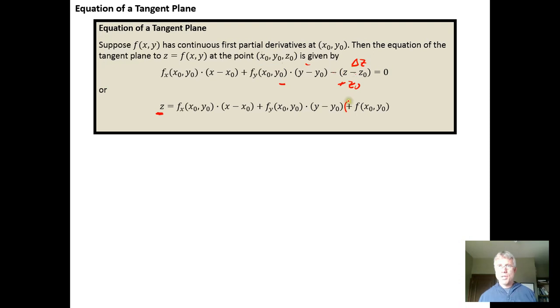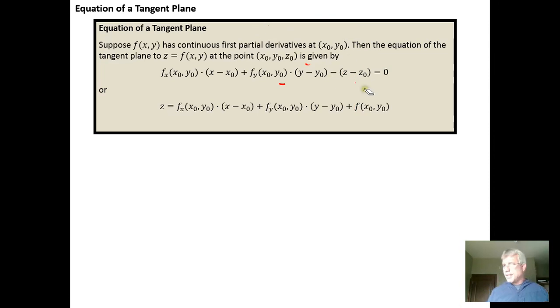So here's a plus. And then we want to recognize that if z equals f of x, y, then to find z naught, you would just evaluate the function at x naught, y naught. So the plus z naught can be replaced with plus f of x naught, y naught. So that's the general development of the equation of a tangent plane.